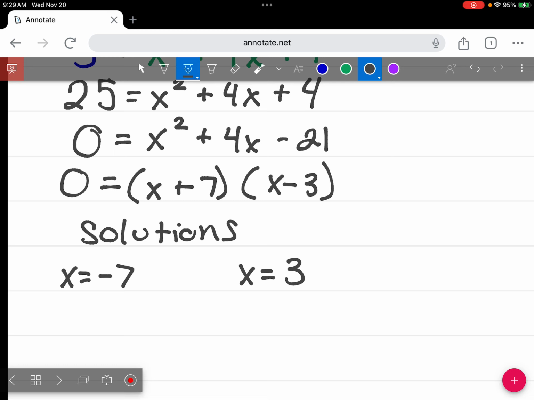Negative 7 squared would be positive 49, minus 4 times 7, so minus 28, plus 4. Would that be negative or positive? It's going to wind up positive. Even though it's a negative x value, we'd still wind up with a positive argument, so it still works. This one also works. So we have two solutions here. There's 2 times that this works.